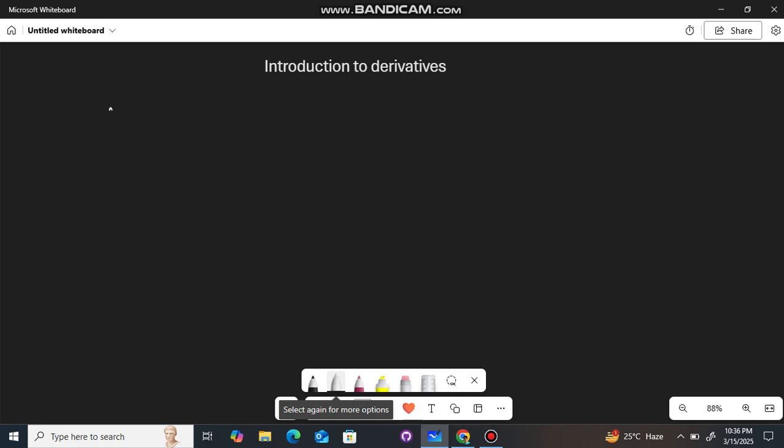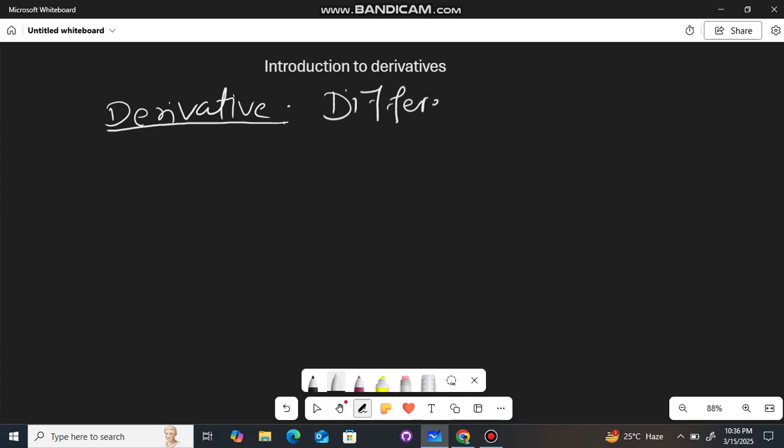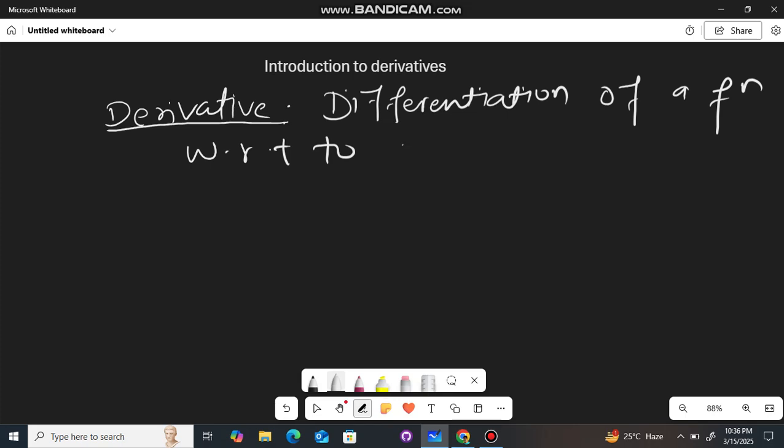So at first let's understand what a derivative is. Derivative is just the differentiation of a function with respect to a variable.